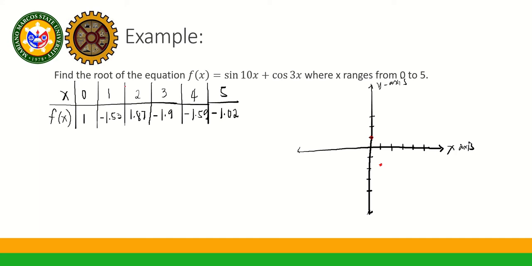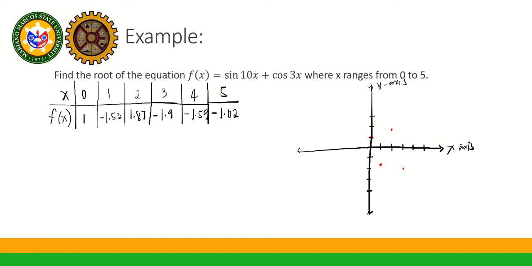Diyan makikita si negative 1.53. And then for x equal to 2, that is positive 1.87. So if this is 1, this is 2. So malamang nandito siya approximately. And for x equal to 3, our f of x or y is equal to negative 1.9. So this is 3. Tapos our point will be here.